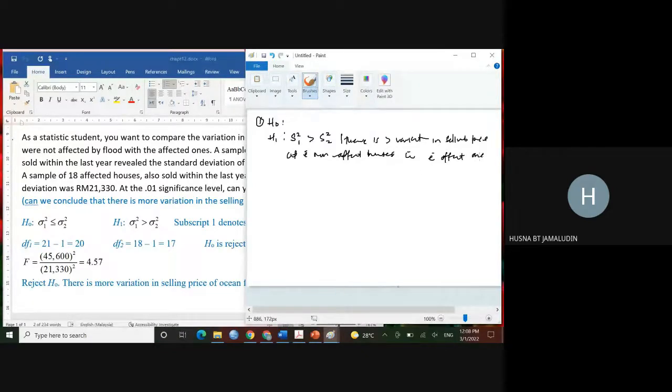You can write it in full, that's fine. I just want to see the word more, to show that it is one sample.